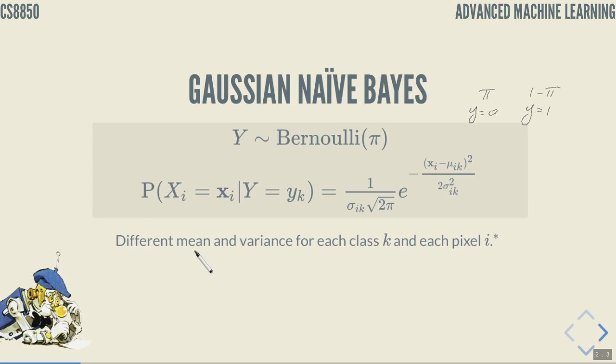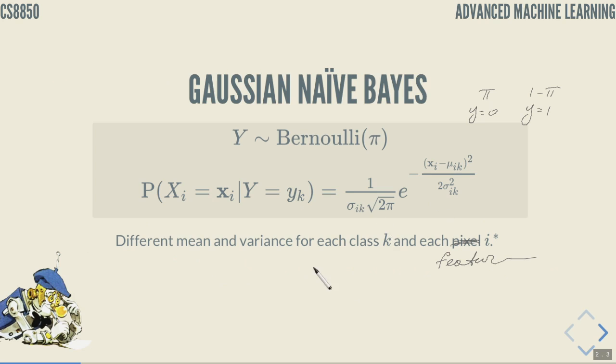We should have different means for each class and each feature, otherwise it will be harder to distinguish, and also different means and different variances for each class and each feature. Okay, that should be clear, right?